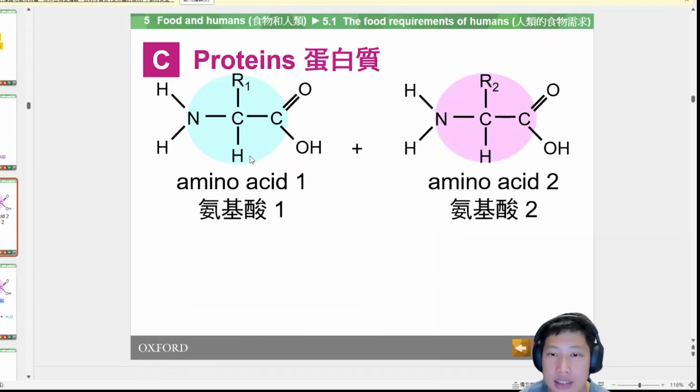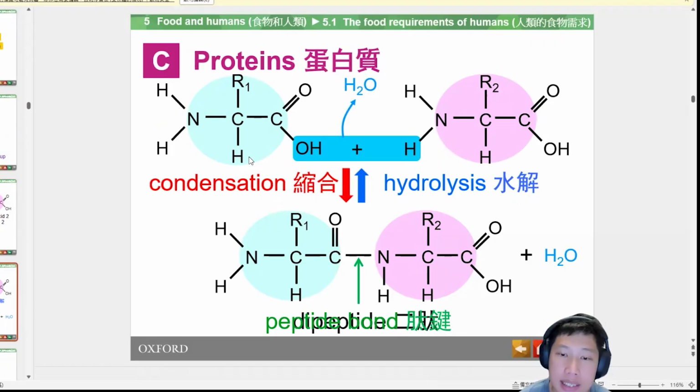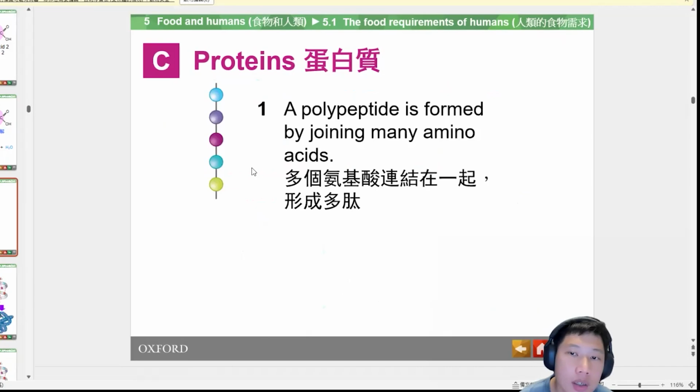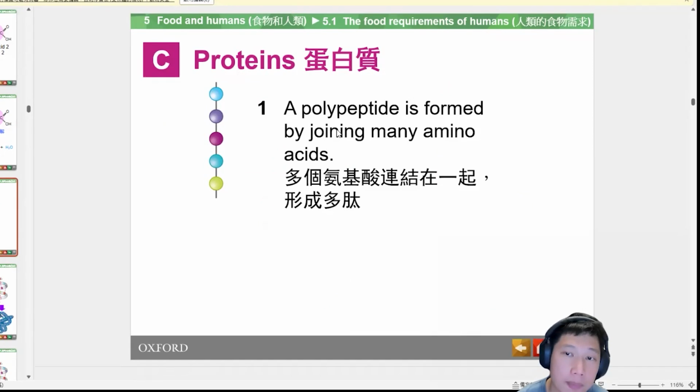Once two amino acids join together, we say that it forms what we call a dipeptide, or peptide. If many peptides form together, then we form what we call a polypeptide, meaning that there are many amino acids joined together.